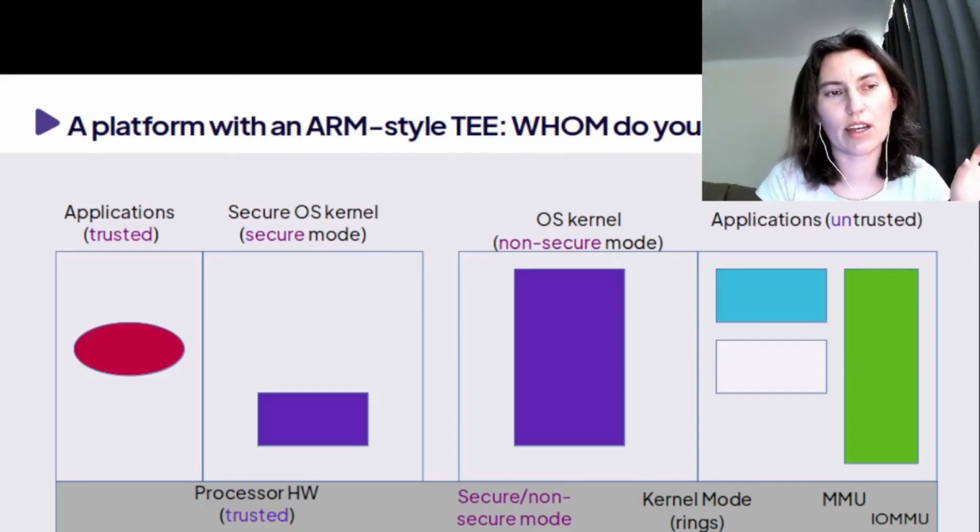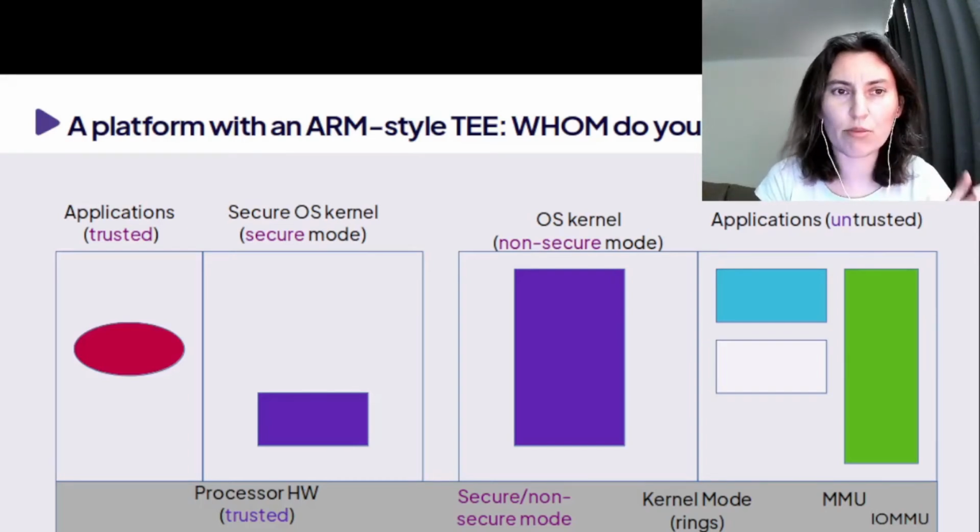You also have the kernel mode and the user mode, you have the operating system running in the secure mode that is separate from the generic operating system. You have applications running in the secure mode that are different from the applications running in the non-trusted mode. And the processor has a functionality to support those two modes and to create separation between the two.